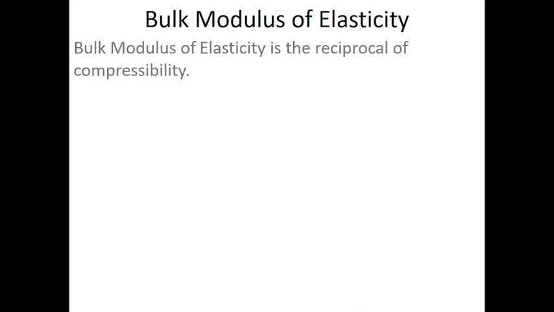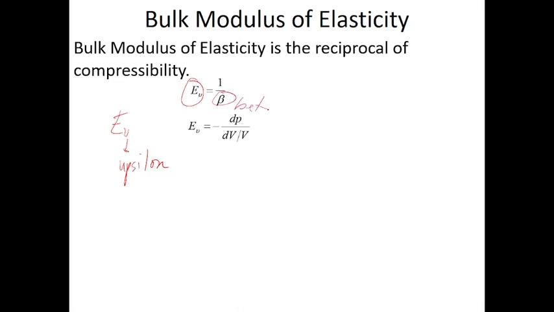So, let's now study bulk modulus of elasticity. When we say bulk modulus of elasticity, it is the reciprocal of compressibility. This is our notation: E with a subscript, the Greek letter upsilon, which is 1 over beta, the Greek letter beta.